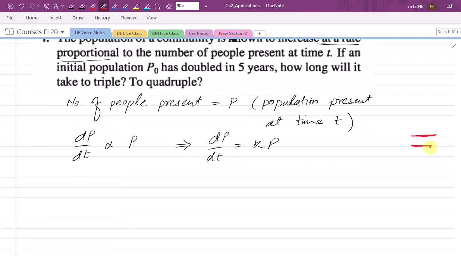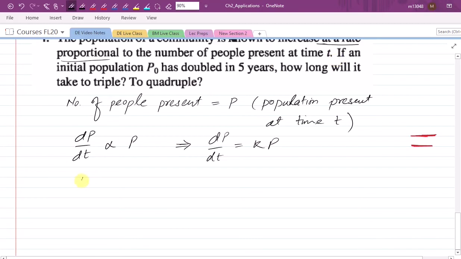Before we start solving the equation, let's read the rest of the question. We are given some conditions in the rest of the problem which will help us find these constants, k and the integration constant c. If an initial population of P naught has doubled in 5 years, so there are two conditions within one sentence.